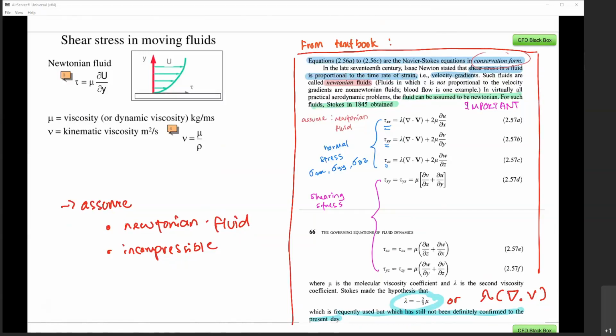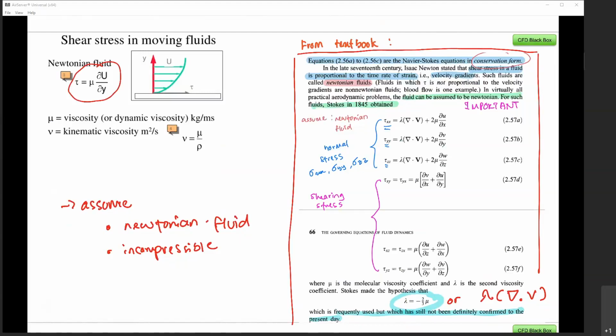The first one is that in the Navier-Stokes derivation, we assume the fluid that we are dealing with is Newtonian. What does Newtonian mean? It basically means the shear stress is linearly related to the viscosity. So the shearing stress is linear with the viscosity.